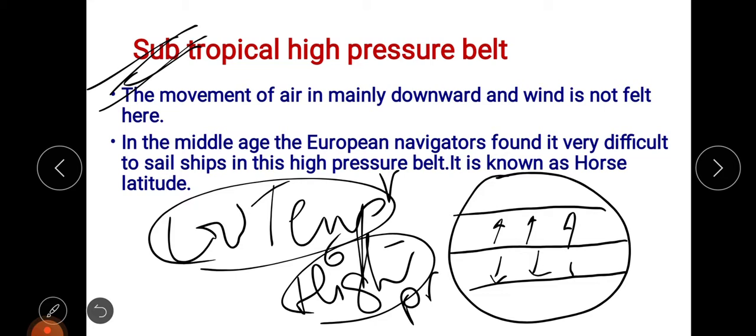What they used to do was throw their horses or any heavy loaded items from the ships, so that the ship becomes light and it becomes easy for them to sail. So that is why this belt is also known as the horse latitude.